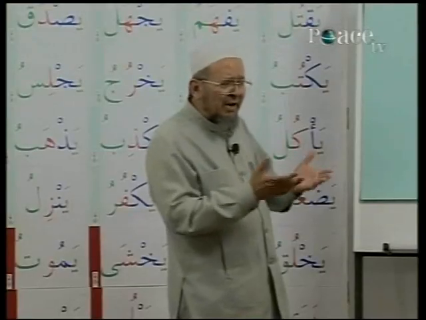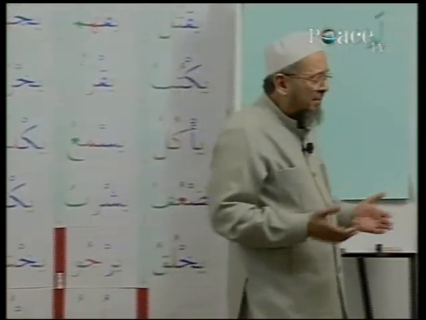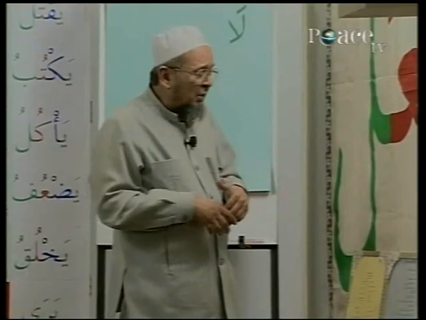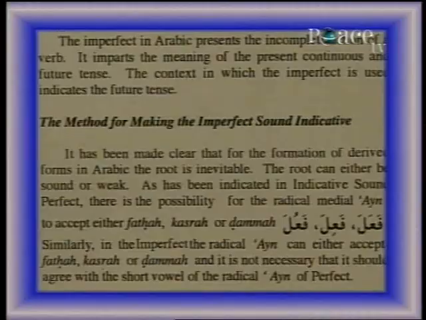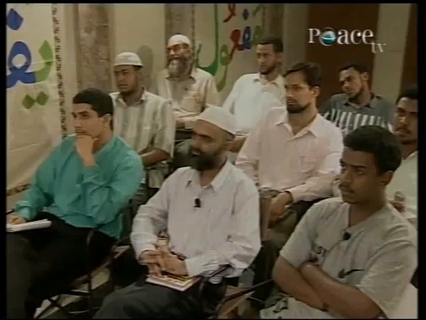If we try to quickly look at this write-up, that is rule number 39, related to this unit 24. The imperfect in Arabic presents the incomplete action of a verb. It imparts the meaning of the present continuous and future tense.